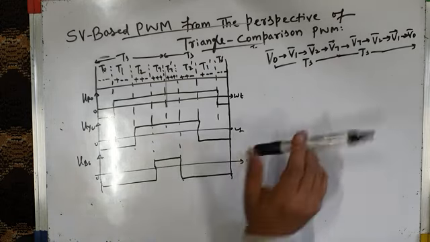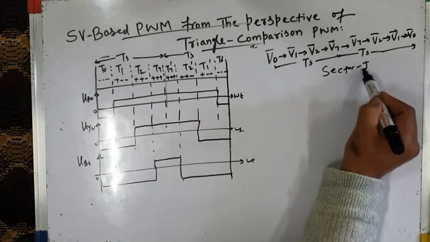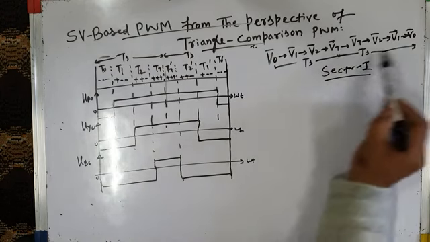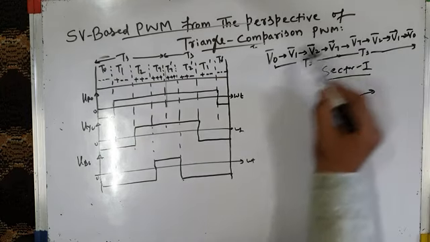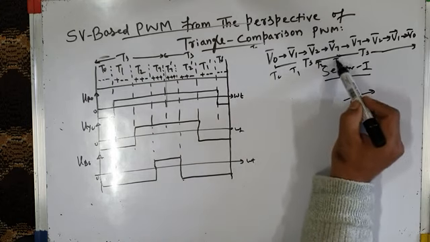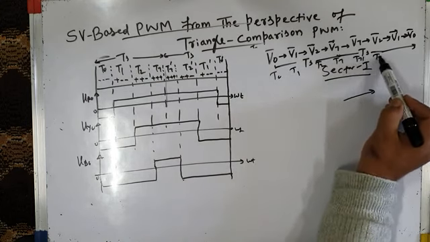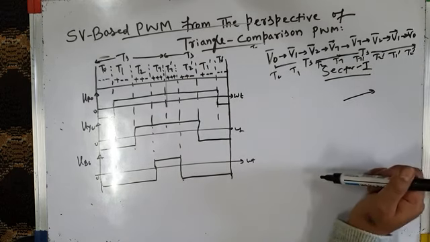In the space vector based approach, this switching sequence is valid for sector 1. Your reference vector is produced, and one sample time comprises T0, T1, T2, T7, then T7 dash, T2 dash, T1 dash, T0 dash, and this completes one sample.